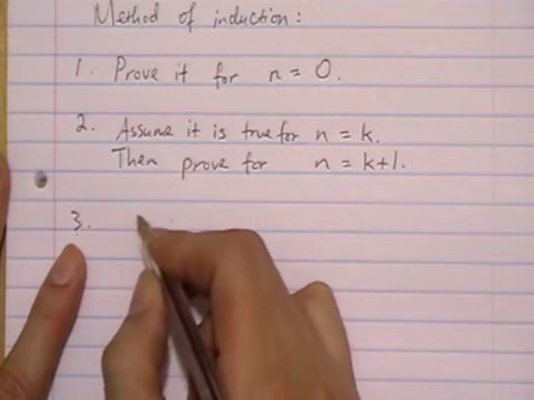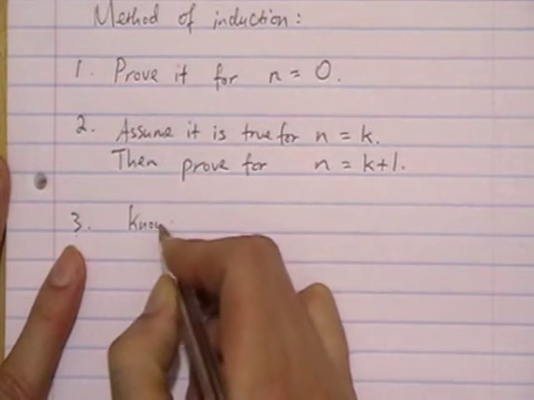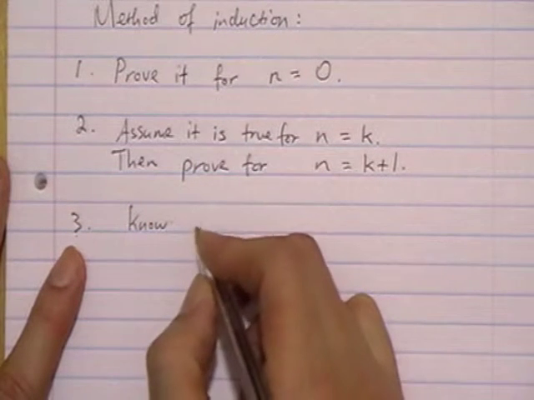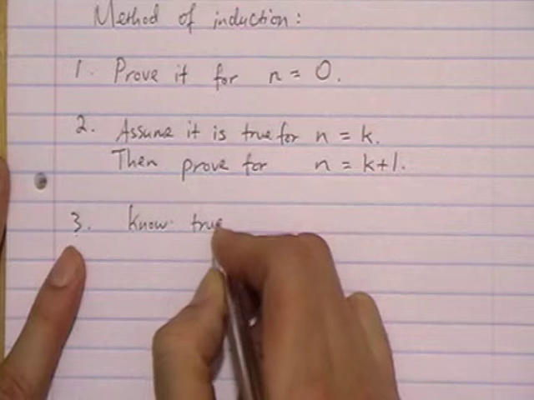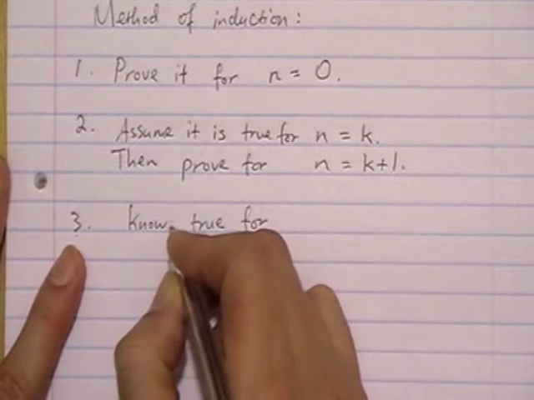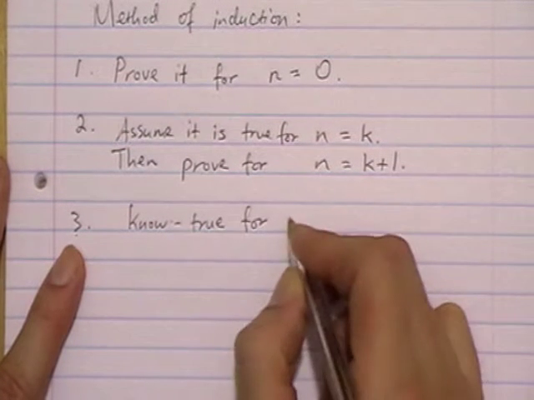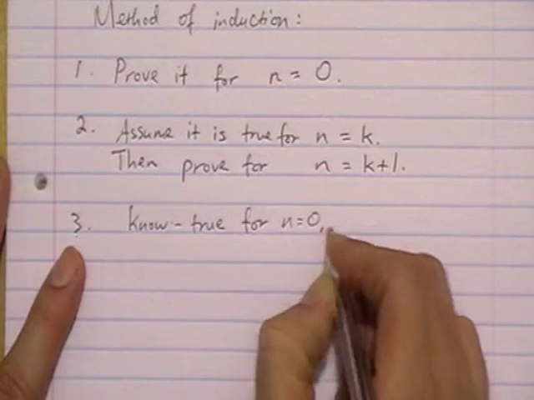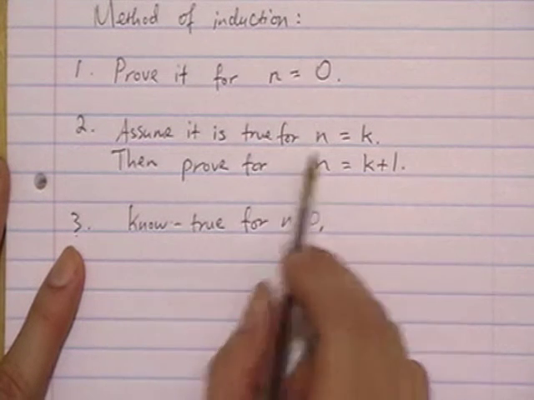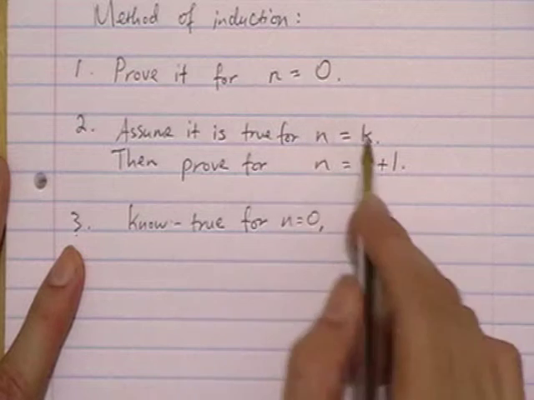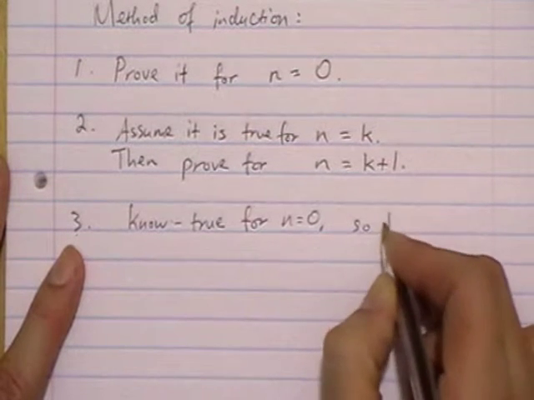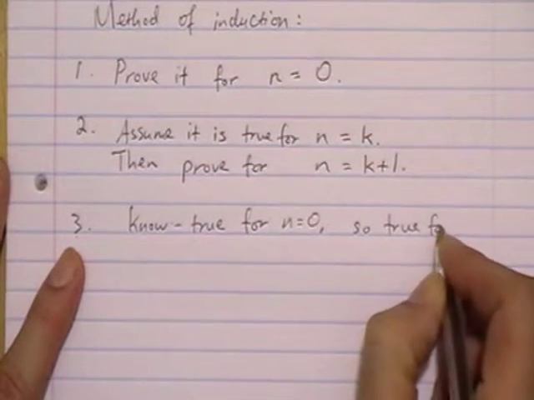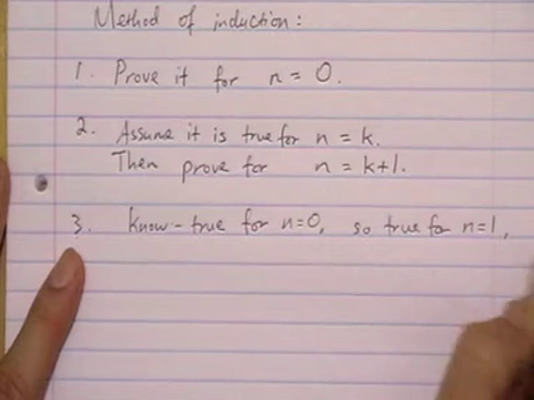Alright, so since we know from step 1 that it is true for n equal to 0, then step 2 tells us that it must be true for the next number. So it is also true for n equals 1.